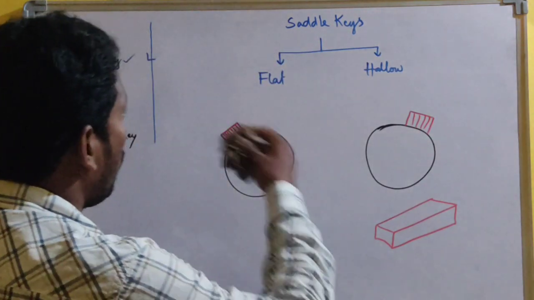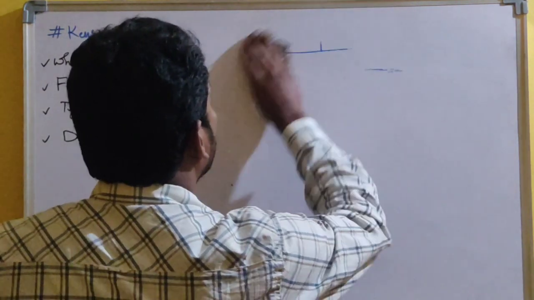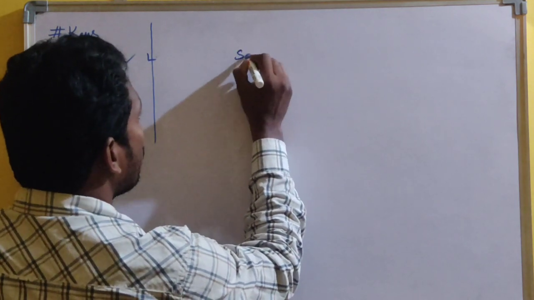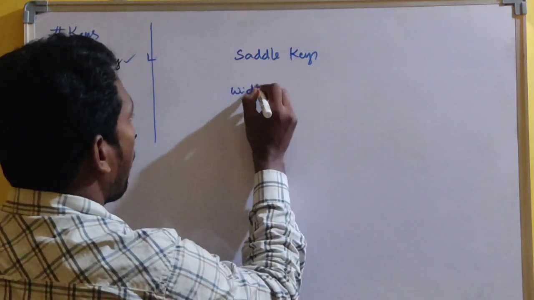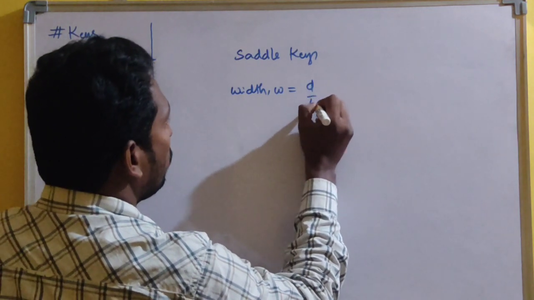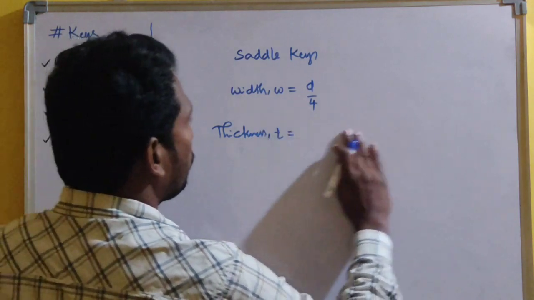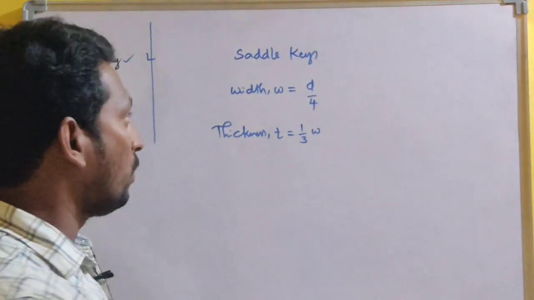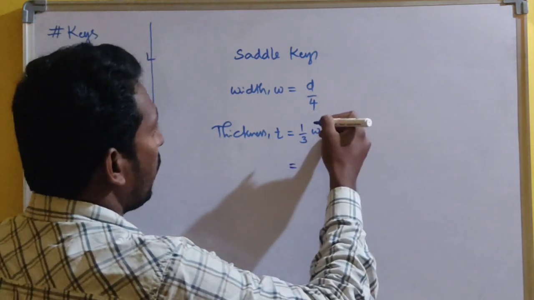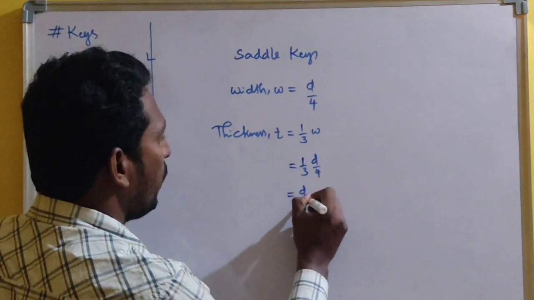Now we will move to another kind of key. In the case of saddle keys, the dimensions are width W equal to D by 4, and thickness small t equal to 1/3 of the width. Substituting the W value, 1/3 of D by 4, it will be D by 12.